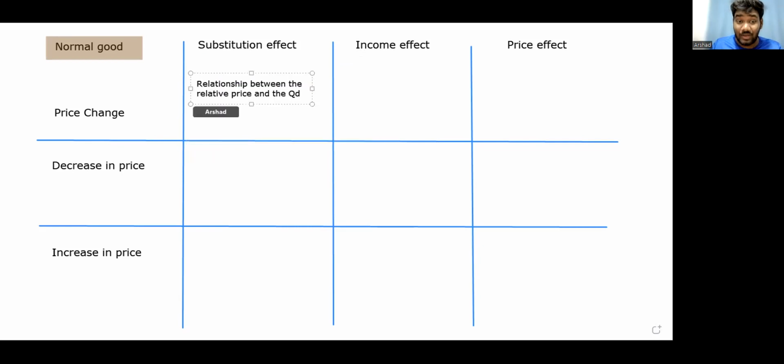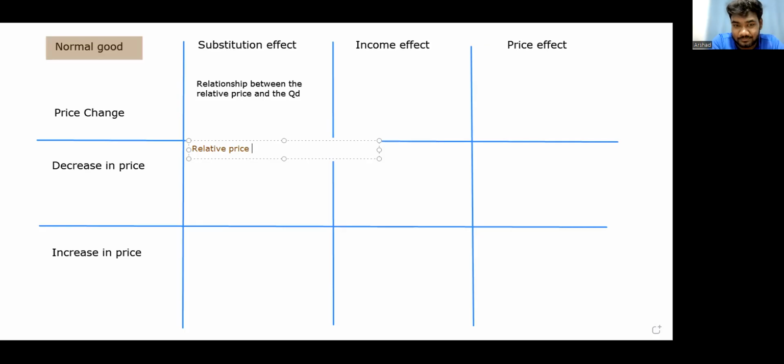for a normal good, when there is a decrease in price, what happens to the relative price? Does it increase or does it decrease? Relative price means compared to the other good, does it become cheaper or does it become expensive?